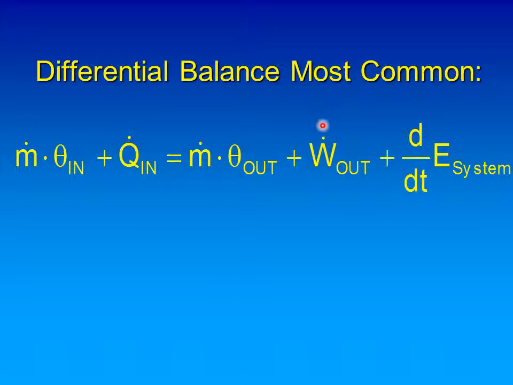Now these little dots here mean per time. So that's a mass flow, a heat flow, a work flow, and all that will have the same units, energy per time, as the storage, d/dt of the energy of the system.